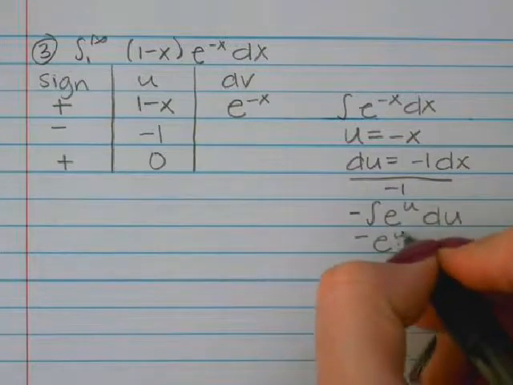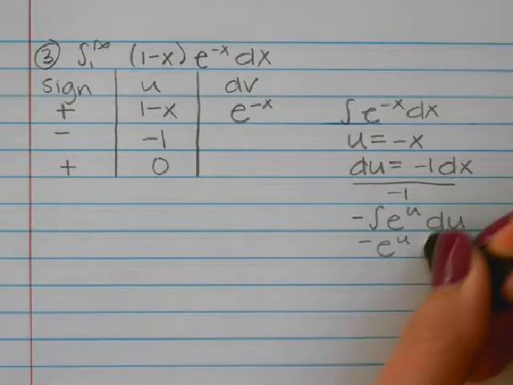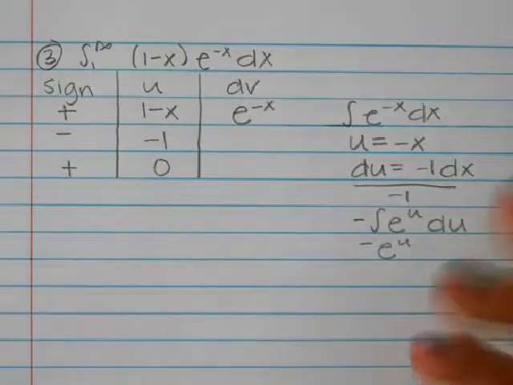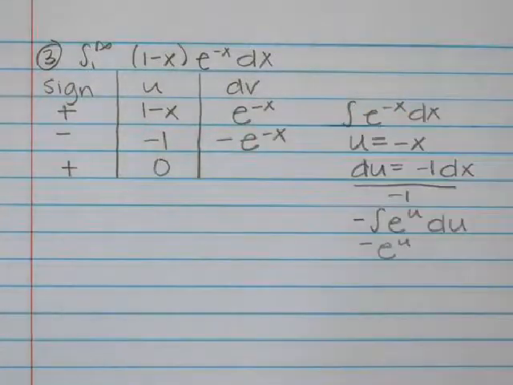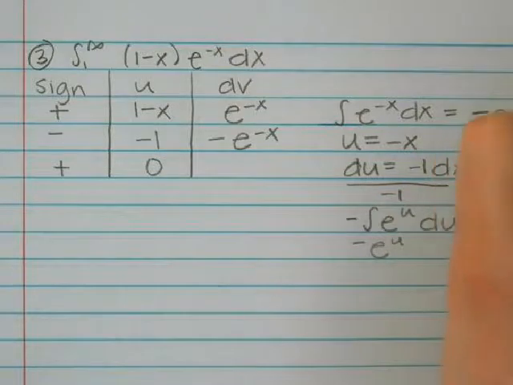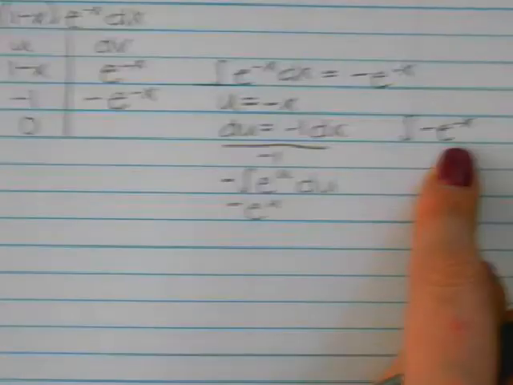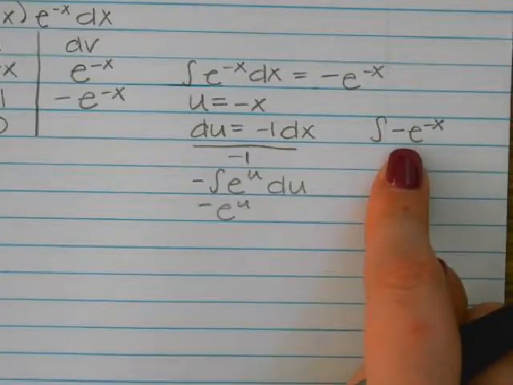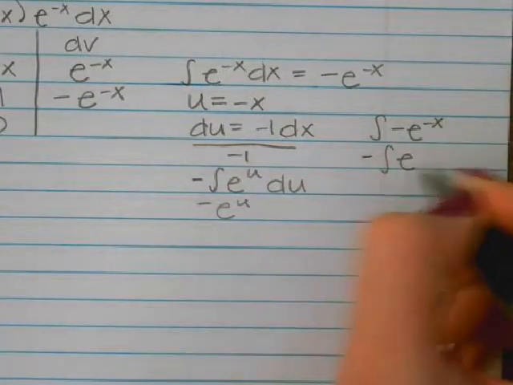Yeah, so negative e to the u. I guess that'd be a plus c, but I won't write it. And then I can go ahead and take my u and replace it with the negative x. So I've got negative e to the negative x. So if I'm integrating negative e to the negative x this time for this part, then I can just take the negative and put it in the front.